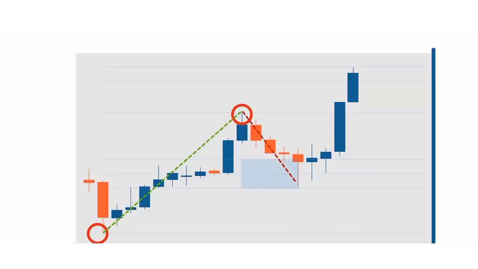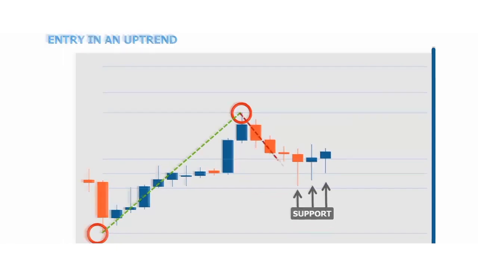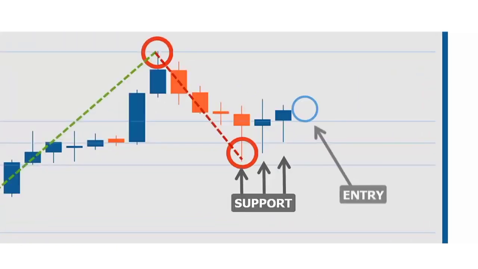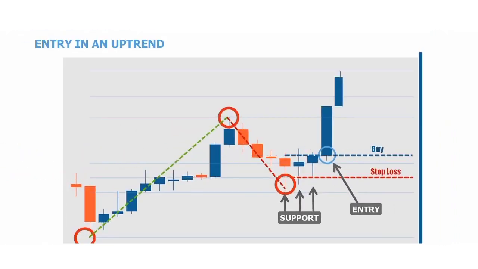You can use the Fibonacci retracement levels for an entry into the market as the price comes back to them. An entry in an uptrend is where you wait for the price to find confirmed support at one of the retracement levels. Traders can wait until the price begins to move up in the same direction of the original uptrend before entering a trade. The entry can then be made and the stop loss can be set below the retracement level.